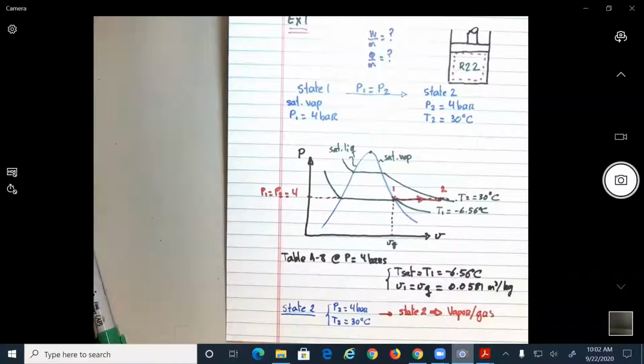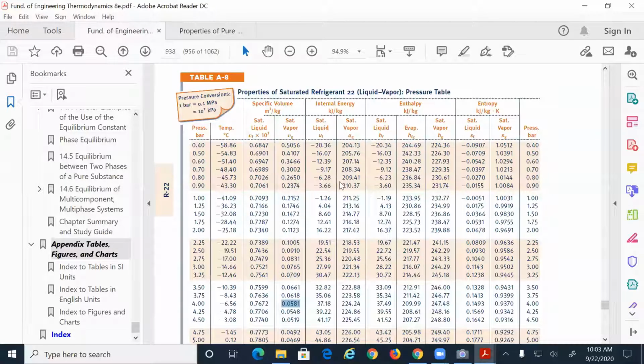Okay, so now that we know what it is, we can go to the appropriate table. For example, if you look here at the tables, they all have a title: properties of saturated refrigerant, liquid vapor. This table is really for this area here, but is also used for this area over here.